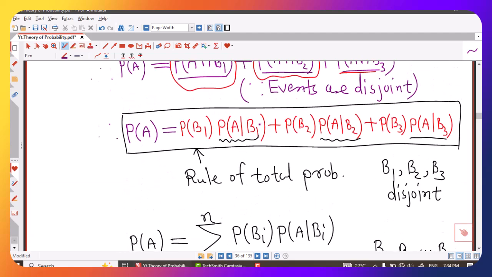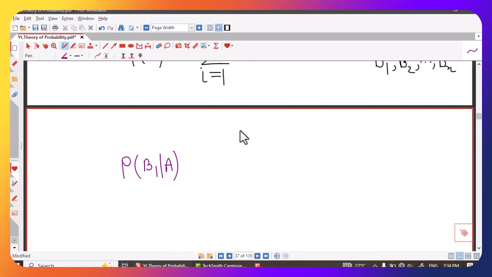Here we were using the probability of A given B1. Now I am taking the reverse of this, that is the conditional probability of B1 given that A has occurred. Then by the definition of conditional probability, this I can write as the probability of the intersection of the two events, and I have to divide by the probability of A.